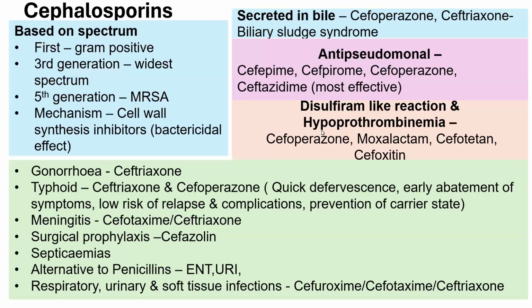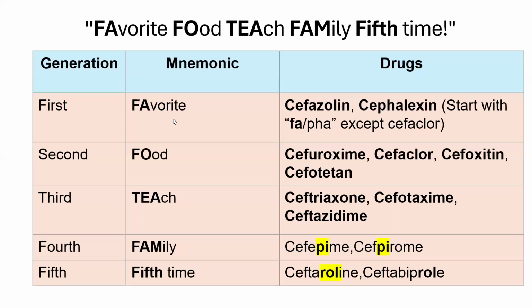Coming to cephalosporins, we know the cephalosporin classification; anyhow you have to remember it. Make your own mnemonic and remember the drug names. I have put this mnemonic; if you want you can use it, otherwise make your own. First generation usually contains the 'far' pronunciation: cefazolin, cefalexin.